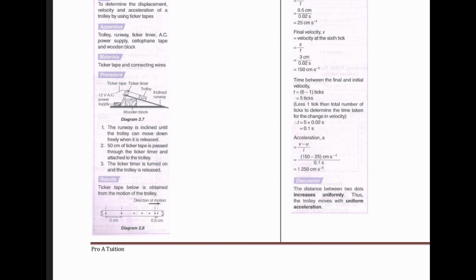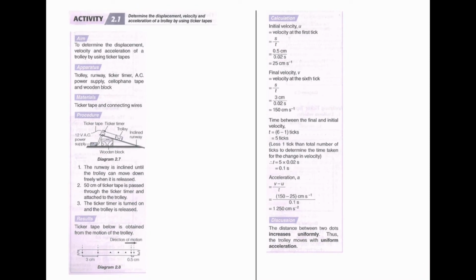So if you see the working here, you can see 0.5, the displacement, divided by the time 0.02 because of one tick. Then you get 25 cm per second. Final velocity: you look at this part. The displacement here is 3 cm. The time is 0.02 seconds, so you divide and get 150 cm per second.